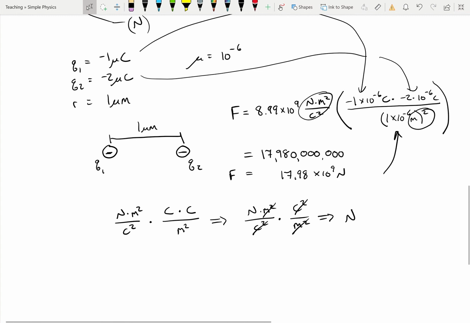Also, what direction is the force that these charges experience? Well, they're the same sign, they're both negative. So Q2 is going to experience F to the right, and Q1 is going to experience F to the left. And that's all for now.